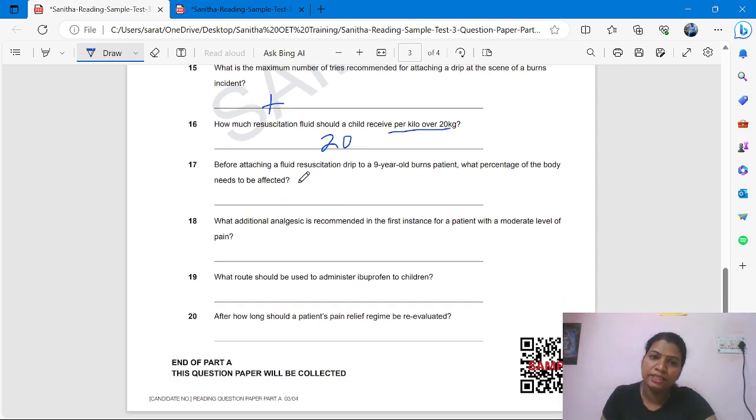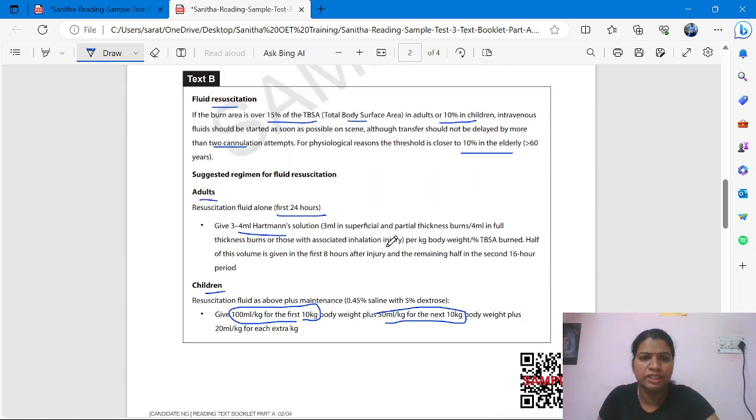Before attaching a fluid resuscitation drip to a 9-year-old burns patient, what percentage of the body needs to be affected? Okay. Fluid resuscitation, this is the keyword. We have to find out the answer from here. A 9-year-old, that is a child. What percentage? This is also a keyword.